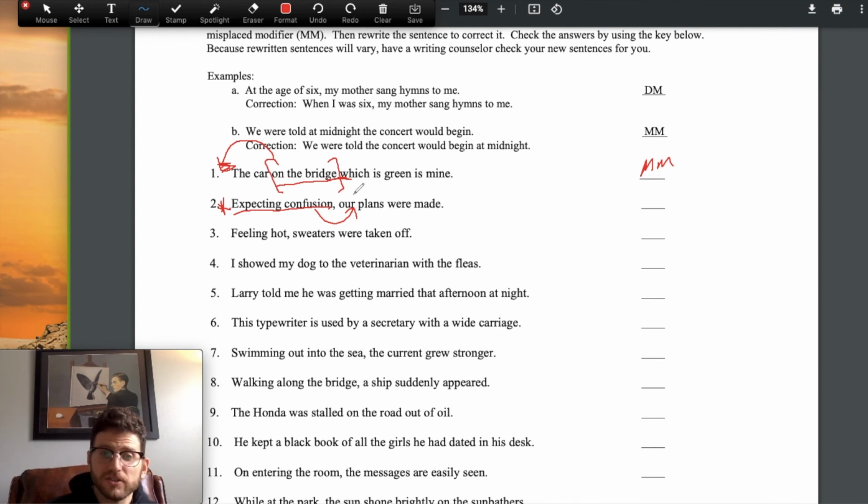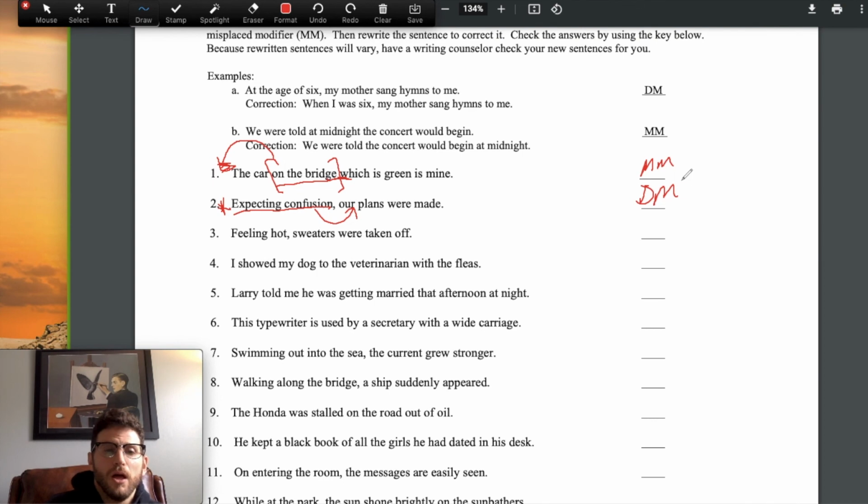But there are no people in this sentence grammatically. All we have are plans. That's our subject. So because there are no people in this sentence, this modifier is dangling. It's dangling because it's reaching out, wanting to latch onto people in the sentence, and it's not getting those people. So it's just sort of left hanging there.